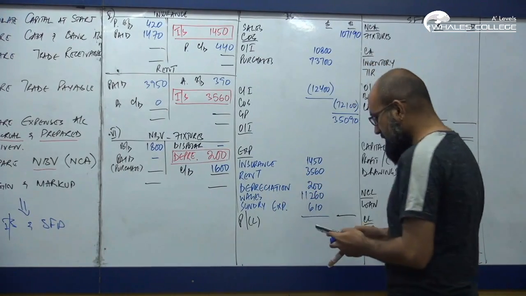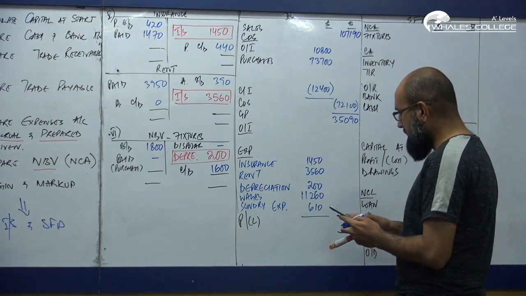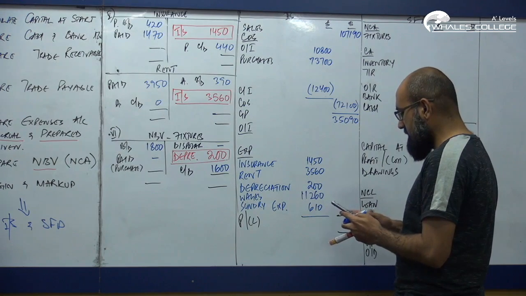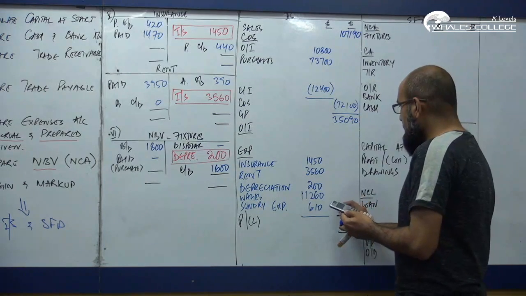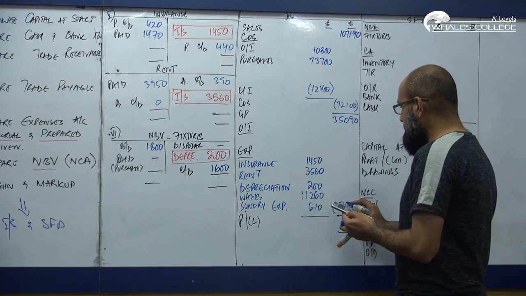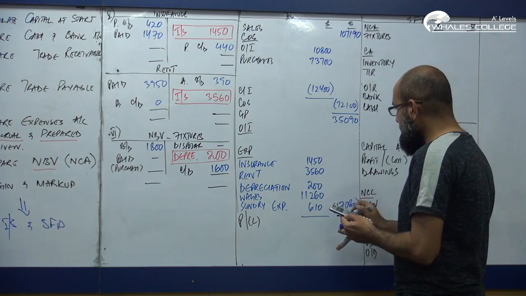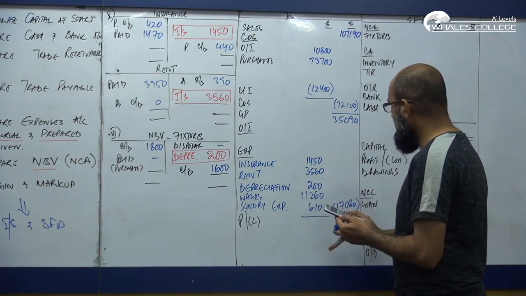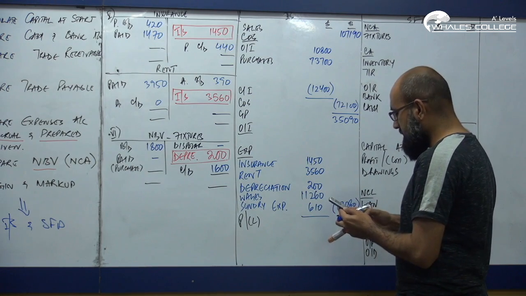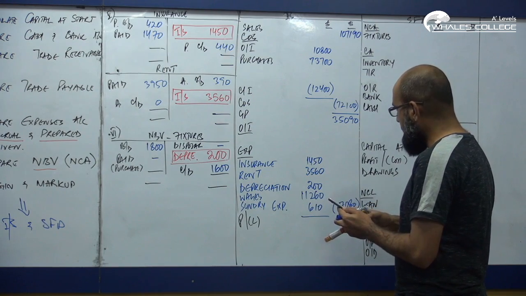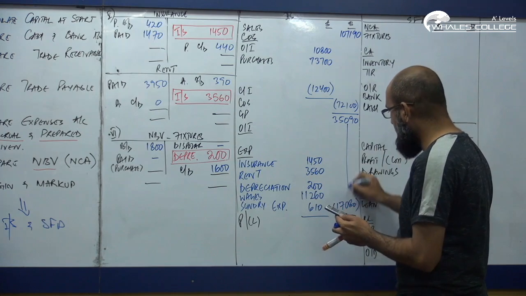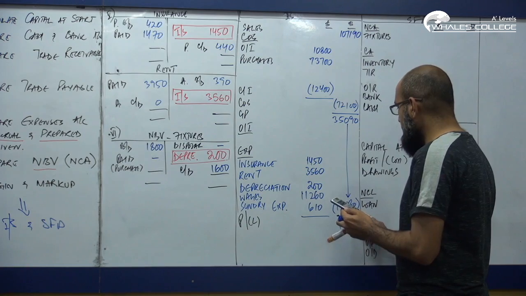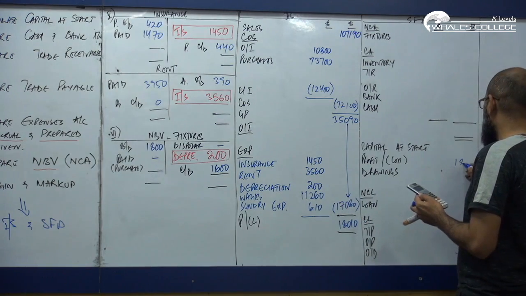Now we are going for expenses: 1,450 plus 3,560 plus 200 plus 11,260 plus 610, which is 17,080. Now subtract that from 35,090, which is 18,010, which we take over here, 18,010.